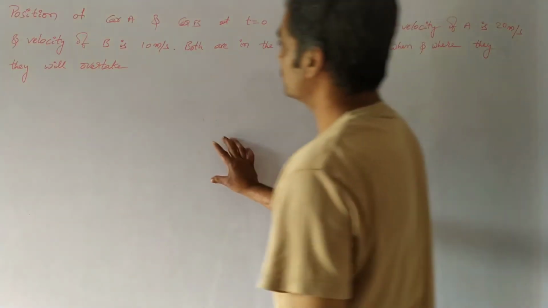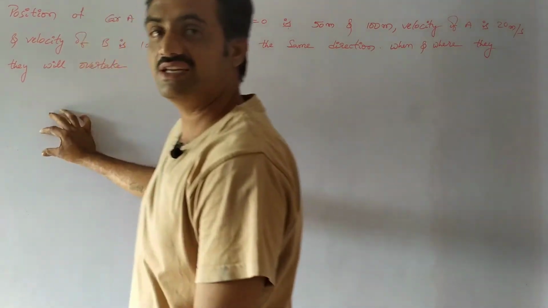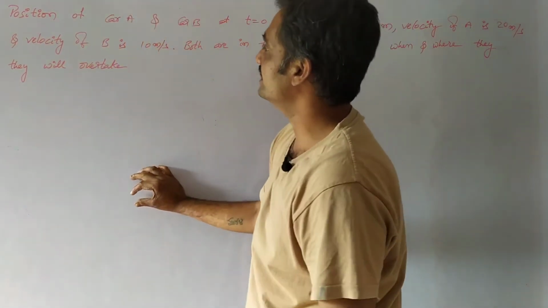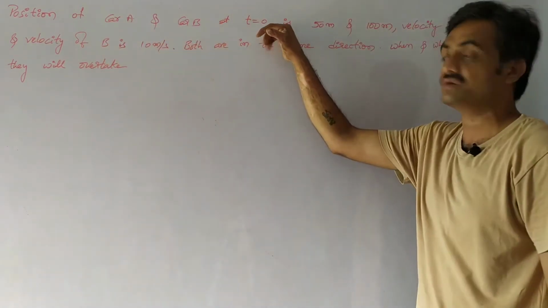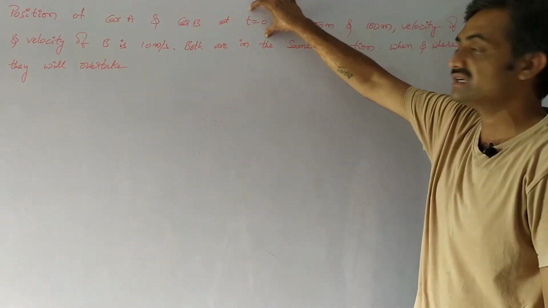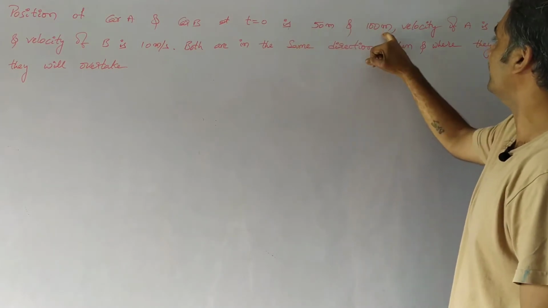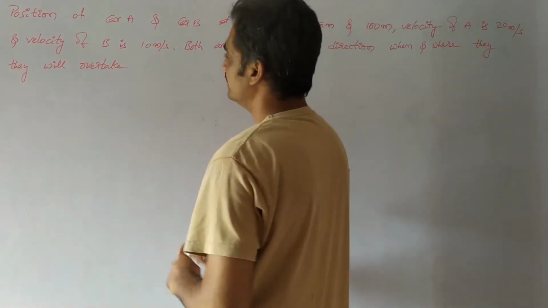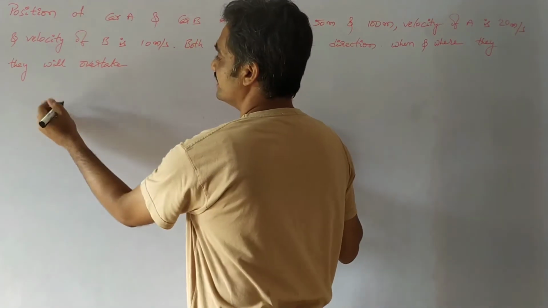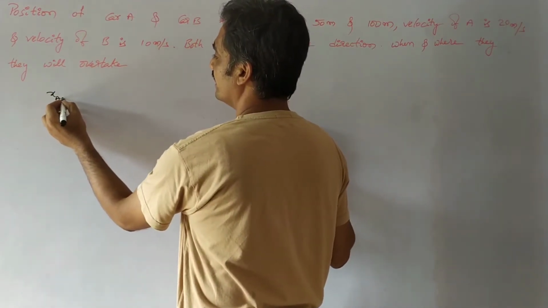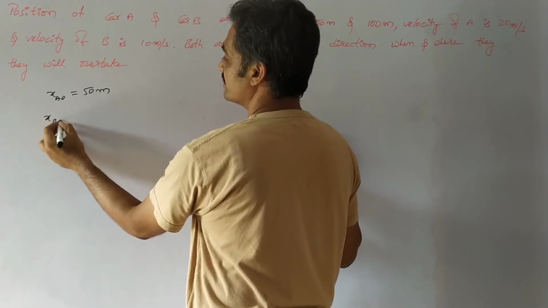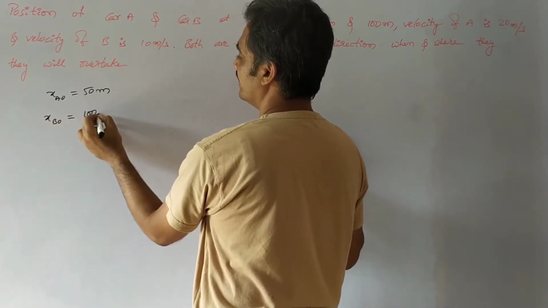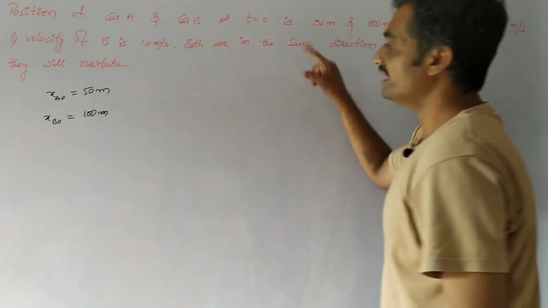Now we are going to solve numericals based on this relative displacement. The first numerical: observe the position of car A and car B at t equals 0. Initially, the initial positions are 50 meters and 100 meters, so the initial position of car A is 50 meters and of car B is 100 meters.